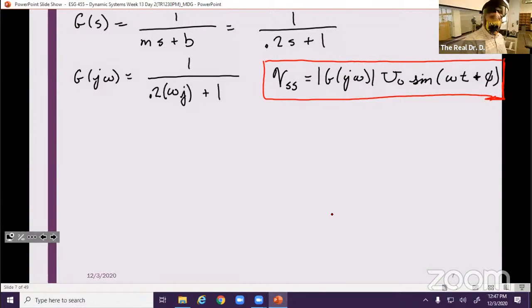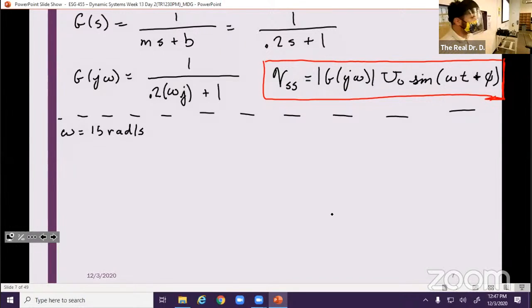Okay. So we were given two conditions, right? Omega equal to 15 radians per second. So what do we do? That just tells me that I want the magnitude of G of 15j. So I'm going to take the magnitude of this transfer function where omega is now equal to 15 radians per second.